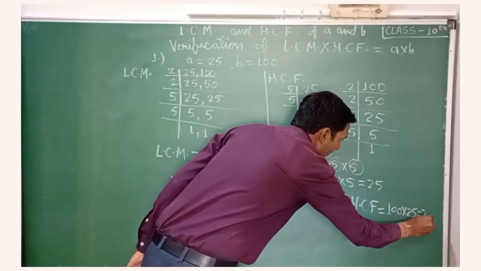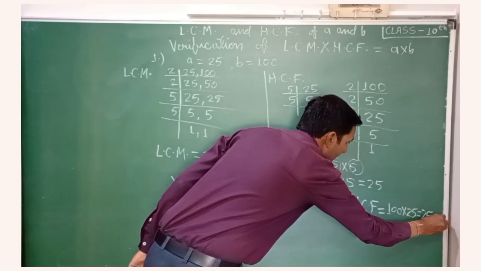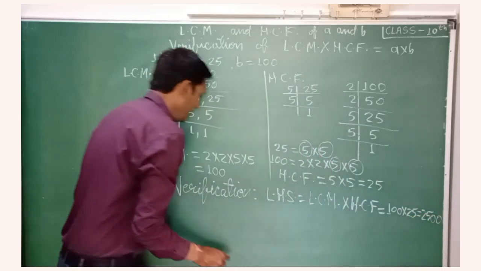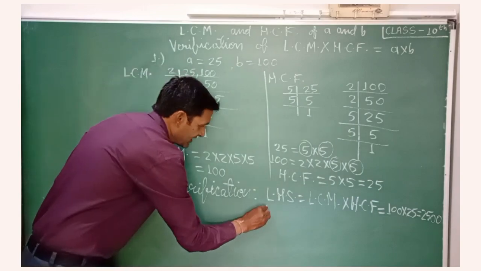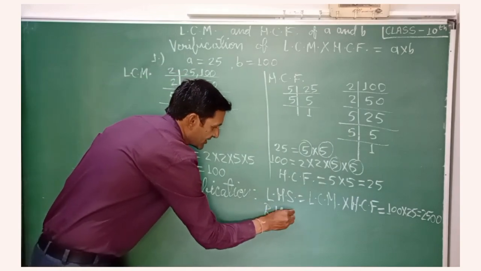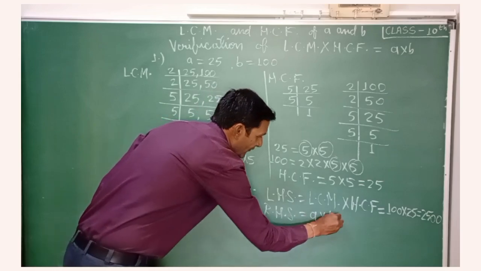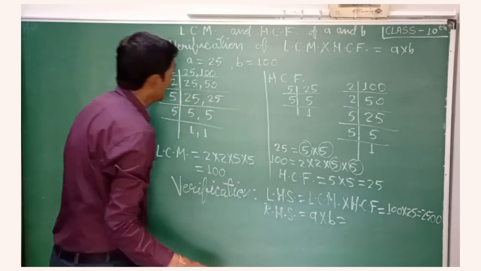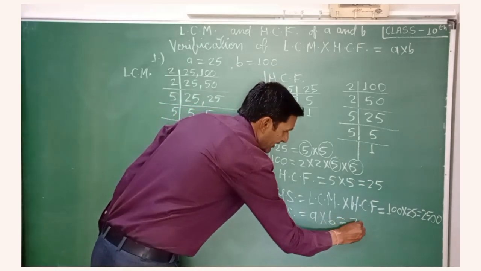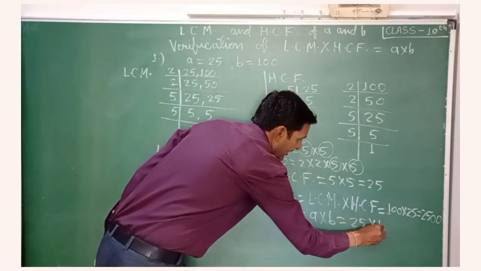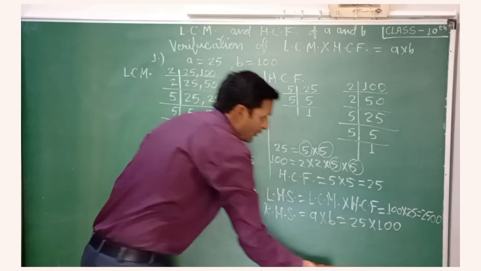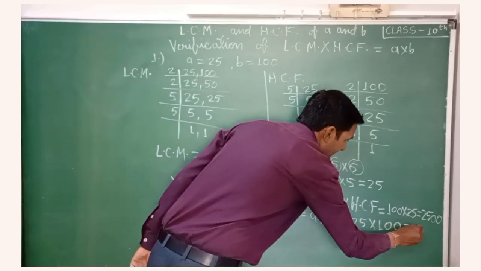That is equal to 2500. And now I am taking RHS, that is equal to A into B, where A is equal to 25 and B is equal to 100. So 25 into 100, that is also equal to 2500.